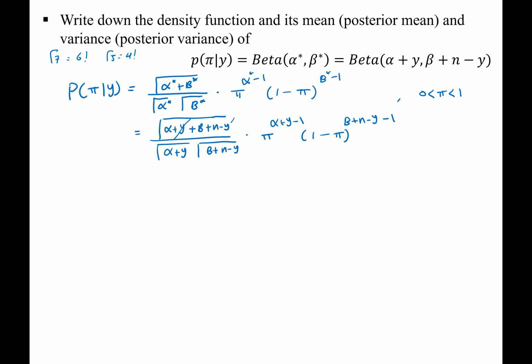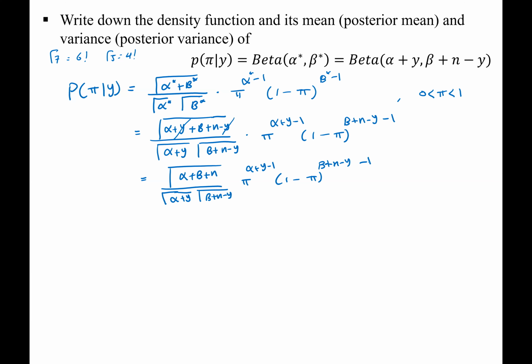So this one will cancel with this one. So it gave me gamma alpha plus beta plus n divided by gamma alpha plus y times gamma beta plus n minus y, times pi to the power alpha plus y minus 1, times 1 minus pi to the power beta plus n minus y minus 1.